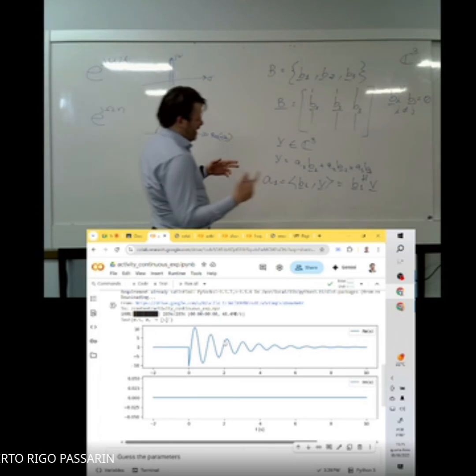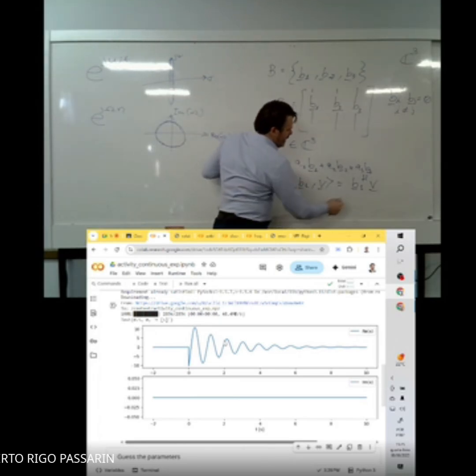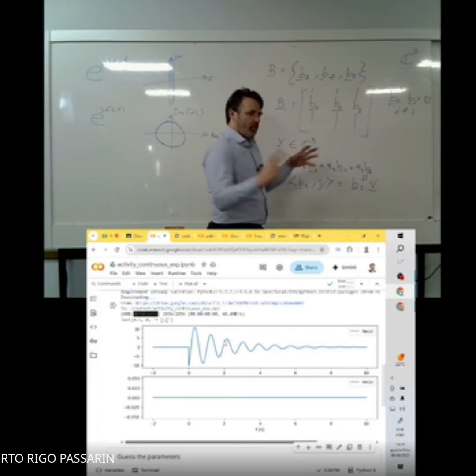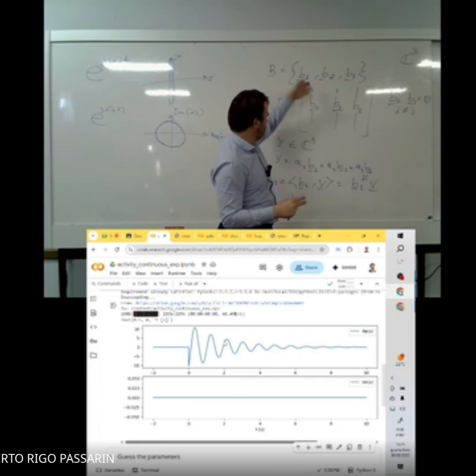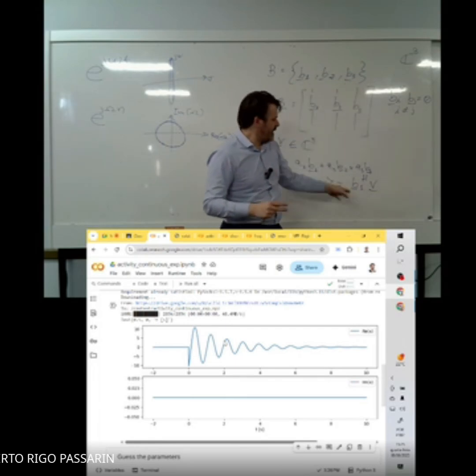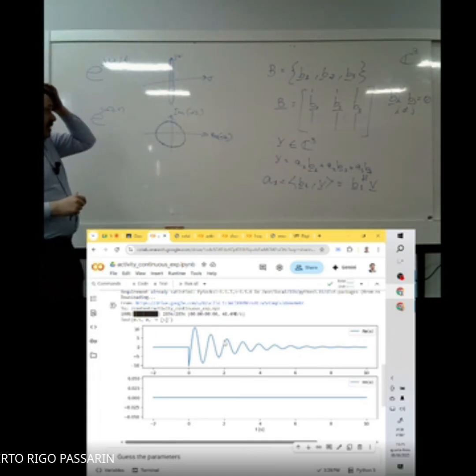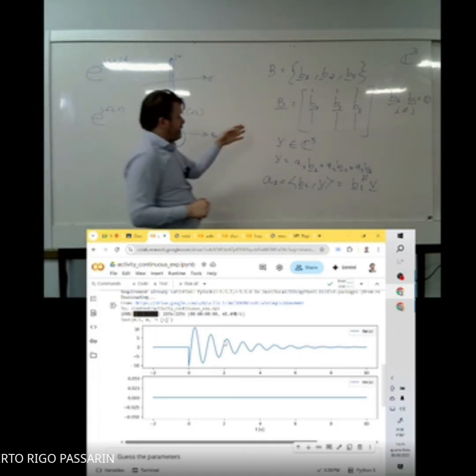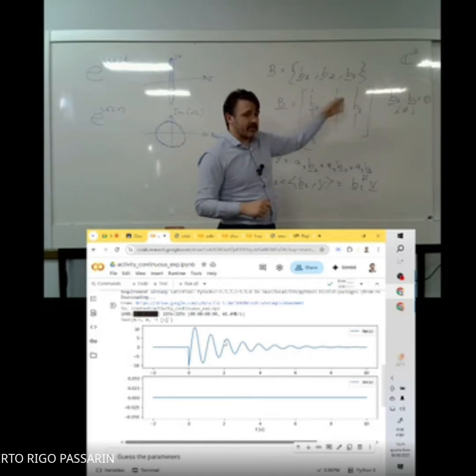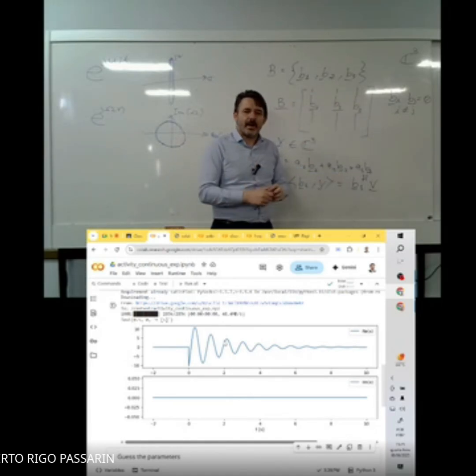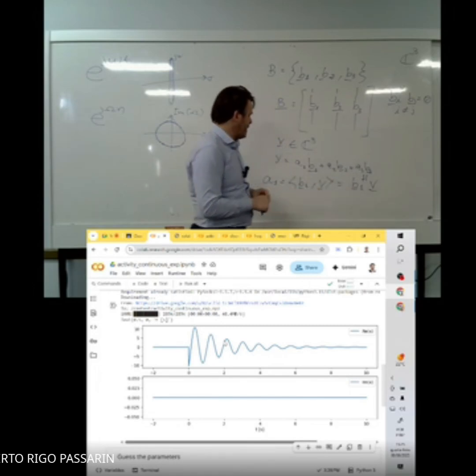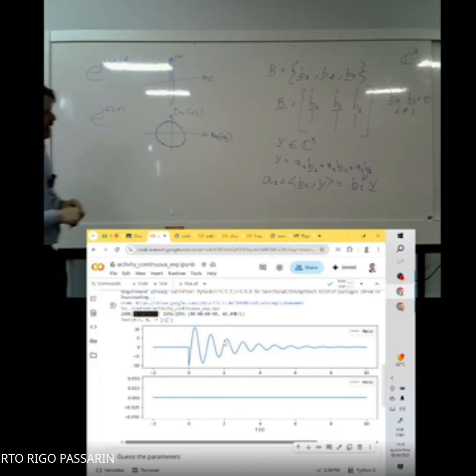So if they are orthogonal, I have to do this and divide by the norm or norm squared. If they are orthonormal, they're normalized. If their norm is 1, then I do just this. So the advantage of being orthogonal is that I don't need to solve a linear system. I can find all the coefficients independently.